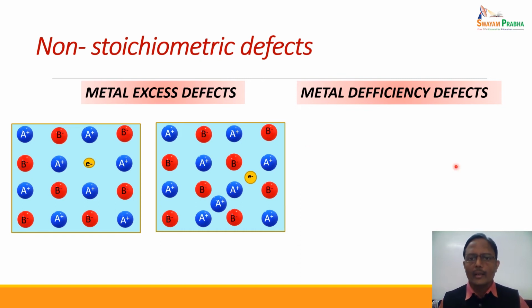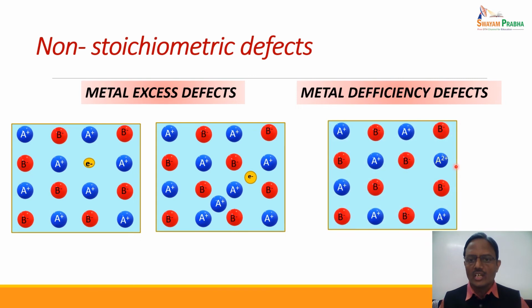Coming to the second component, that is the metal deficiency defect. In that case, some of the metal is missing from its position and the electrical neutrality is maintained by another metal. The metal is the same but with a different oxidation state. For example, this type of defect is very common when we are having copper atoms.